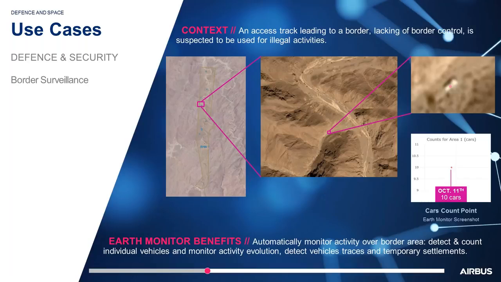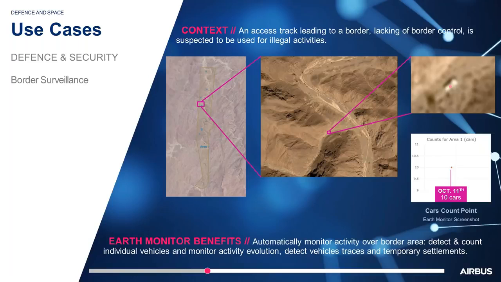In fact, the pink point in the middle of the screen is a car detected automatically by our tool. So the very interesting point here is the capability of the tool to detect vehicles in different landscapes. And here, for example, in the desert, Earth Monitor is able to detect a car, and indeed, it's really a car.